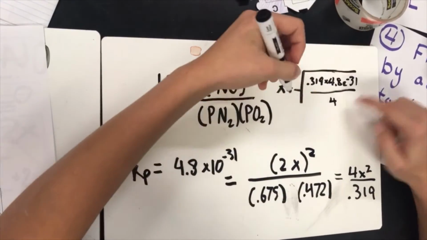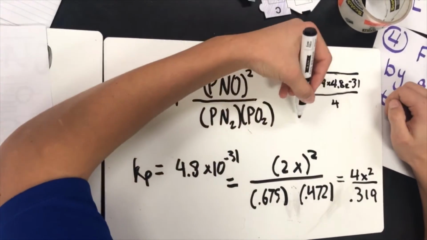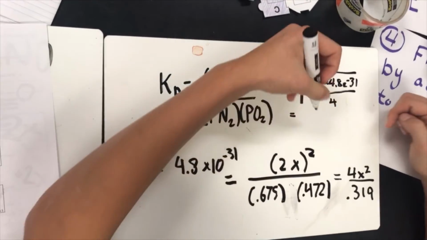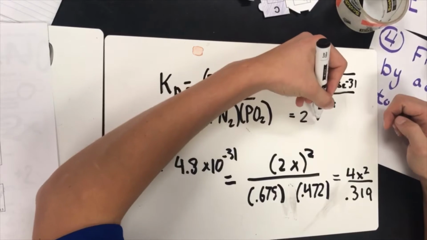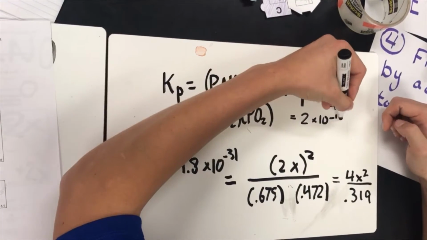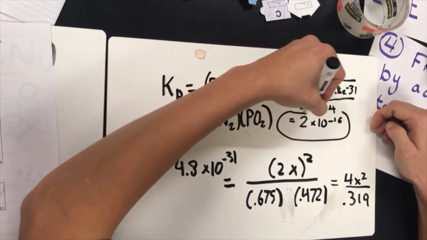And then once you put it all in your calculator, it's going to come to the x value, which is 2 times 10 to the negative 16. So this is the final value we need.